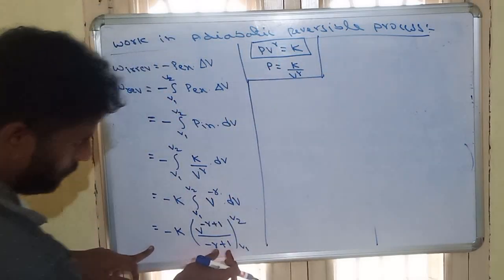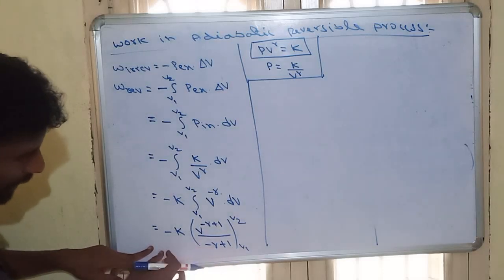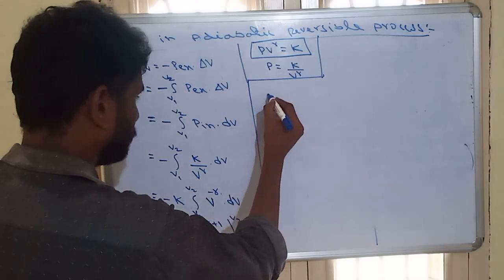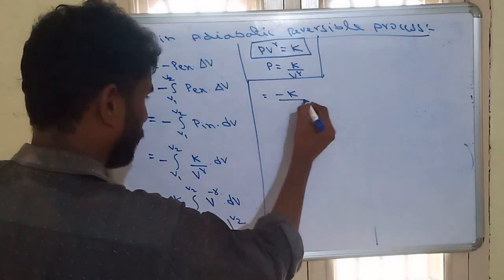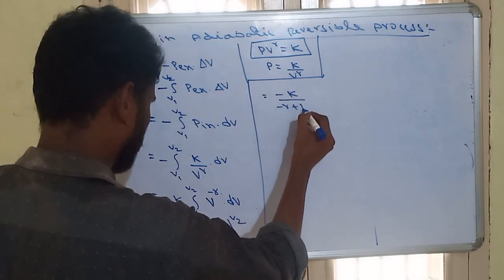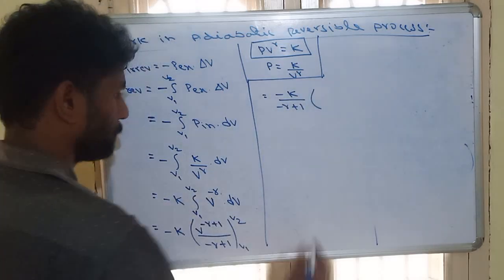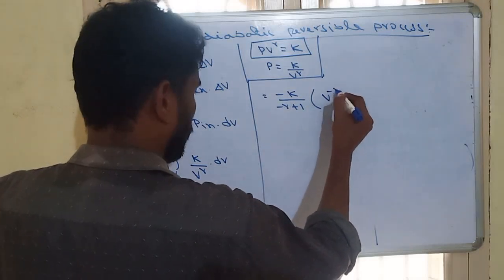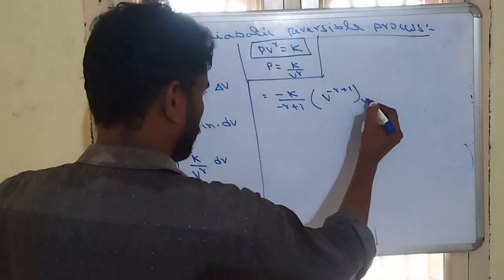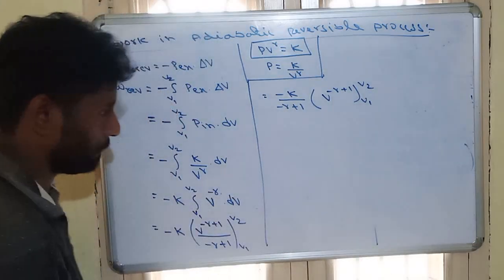From this, taking the (-gamma+1) outside, it will become minus K by (-gamma+1) into V^(-gamma+1) from V1 to V2.